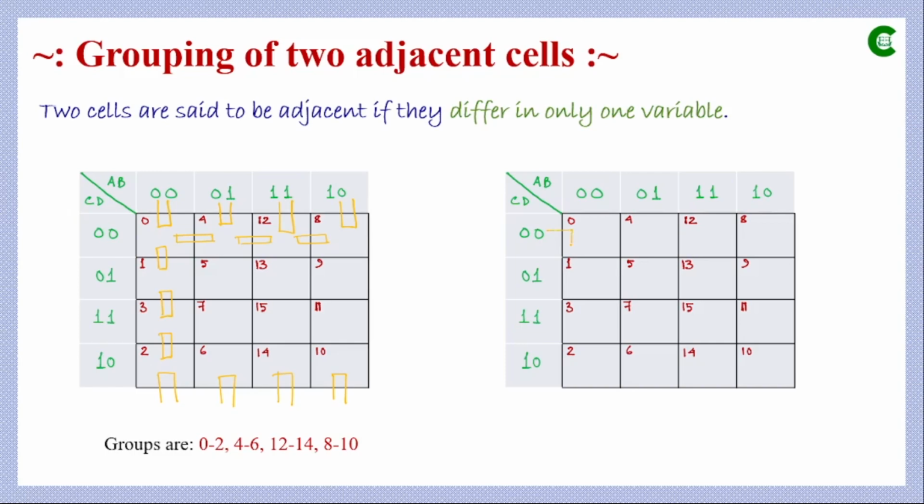So as per the definition, cell number 0 and cell number 8 can be grouped together, and that logic is also applicable for cell number 1 and cell number 9, cell number 3 and cell number 11, and also for cell number 2 and cell number 10. So this is the complete list of that type of grouping.